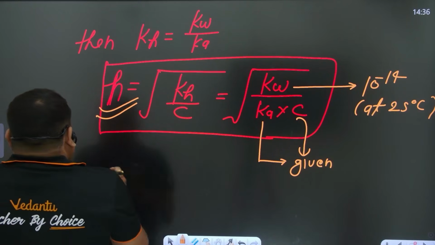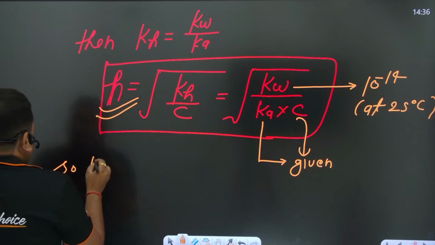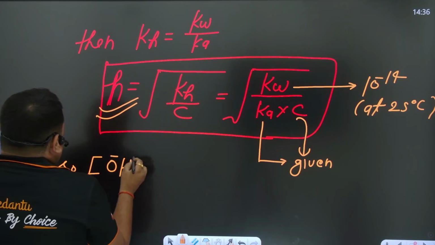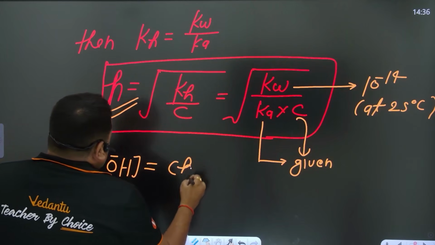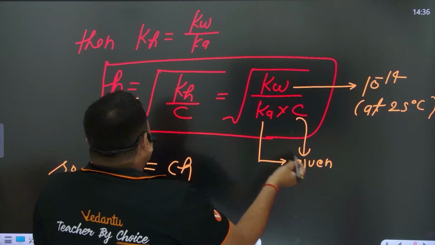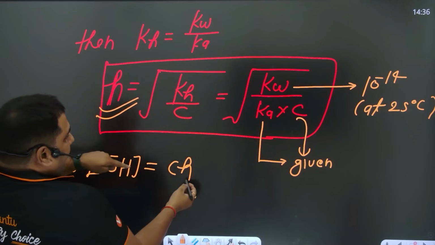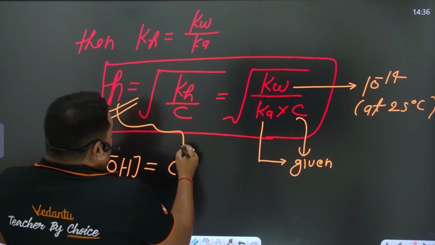See, the concentration of OH minus ion is equal to Ch. Now you have to put the value of h from here to here, right?